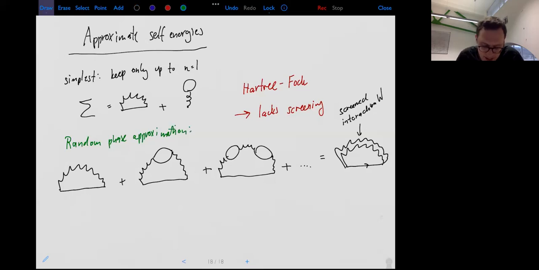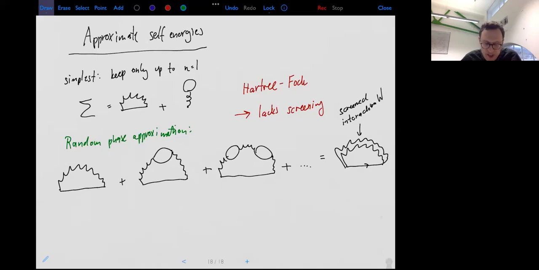And last week somebody asked, are all the diagrams equally important, or how do I know which ones are more important and less important? One of the very important results in the historical context of many-body theory was the proof that this set of diagrams, the random phase approximation, is the most important one for the electron gas at high density.